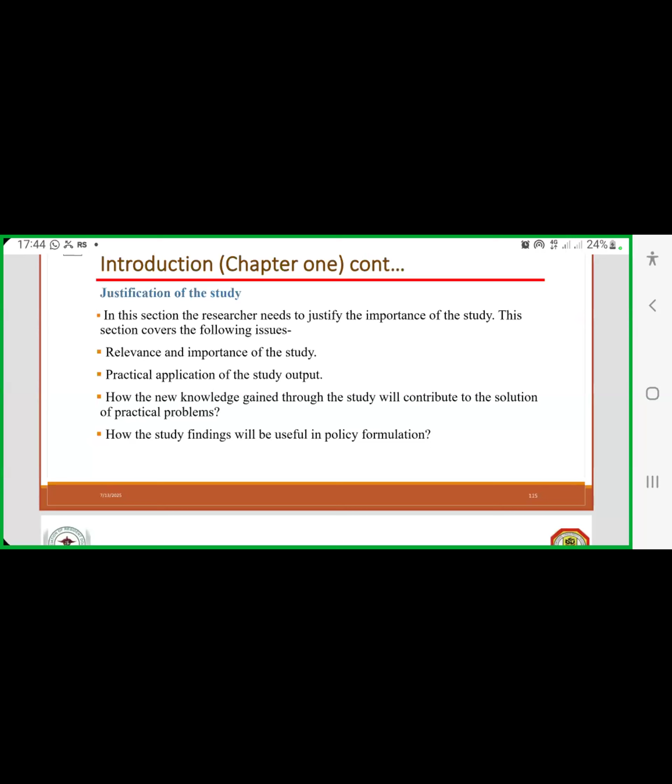Then the section covers the following issues. 1, relevance and importance of the study. 2, practical application of this study outcome, I have explained. Then how the new knowledge gained through the study will contribute to the solution of the practical problem. And then how the study findings will be useful in policy formulation. So that is what I have explained just now.